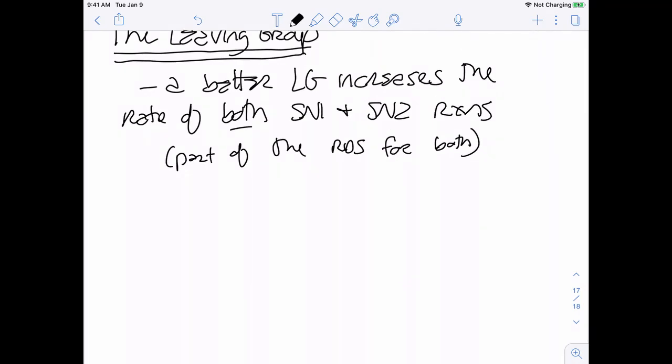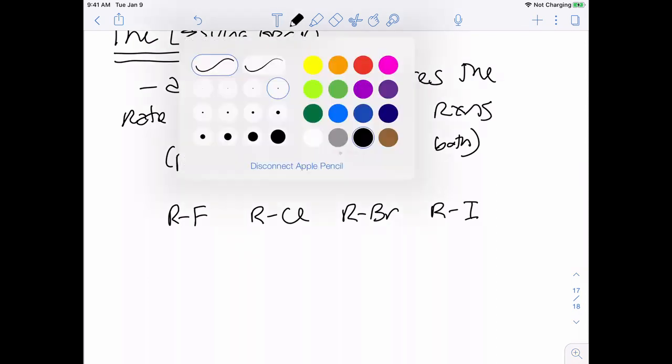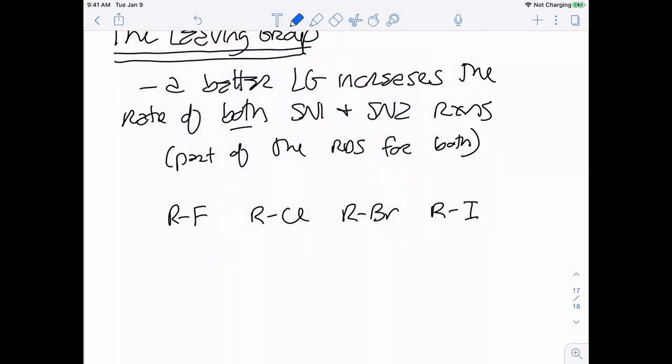So remember we had said that better leaving groups are weaker bases. So my alkyl halide bonded to a fluorine, bonded to a chlorine, bonded to a bromine, or bonded to iodine. If we go in this direction, it is a better leaving group.